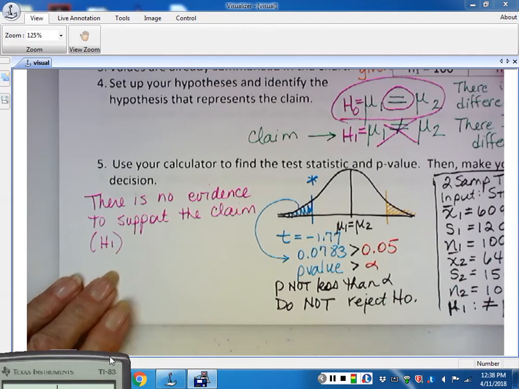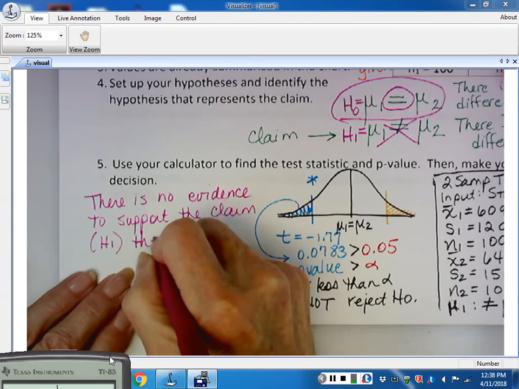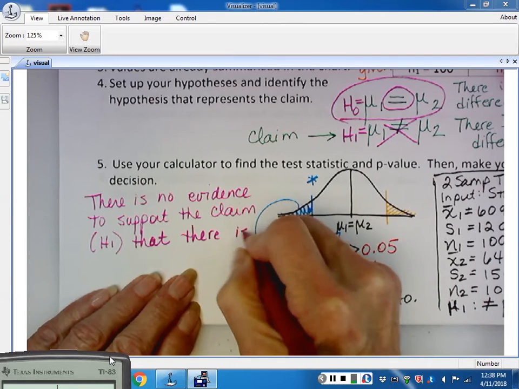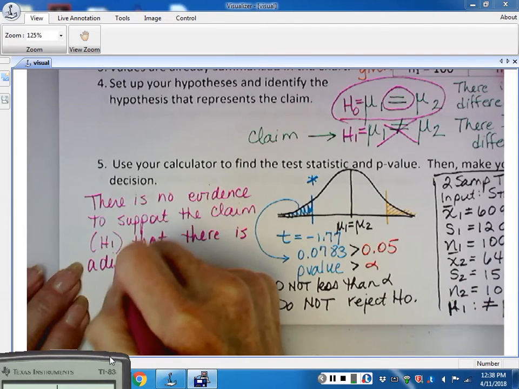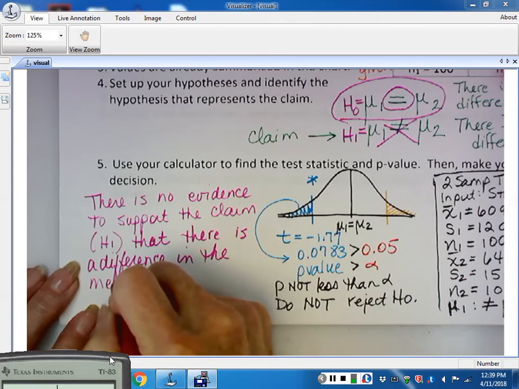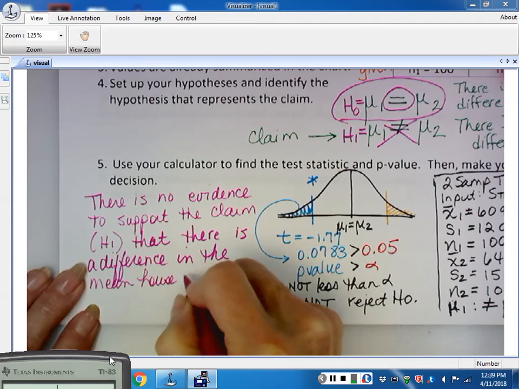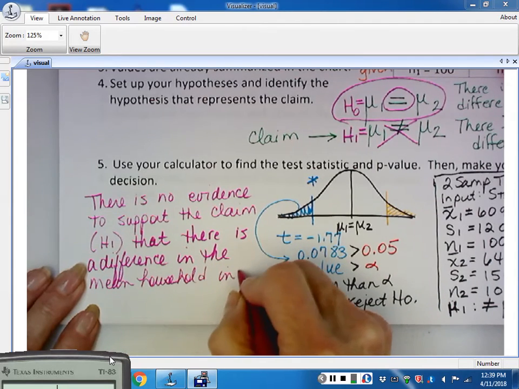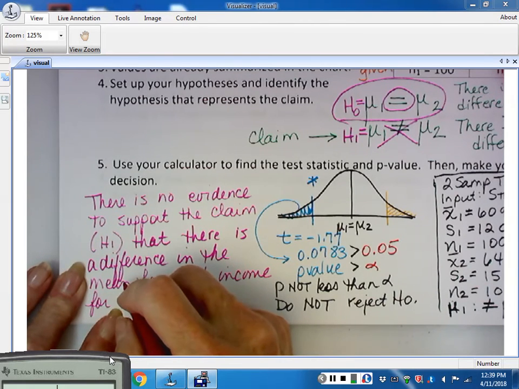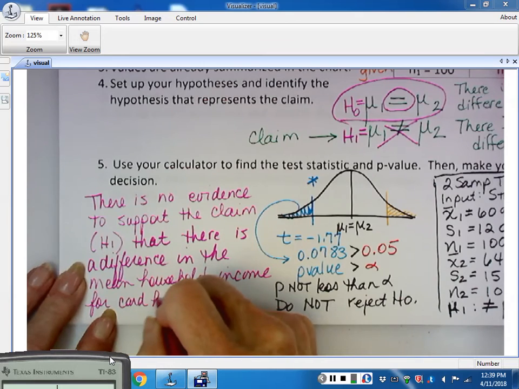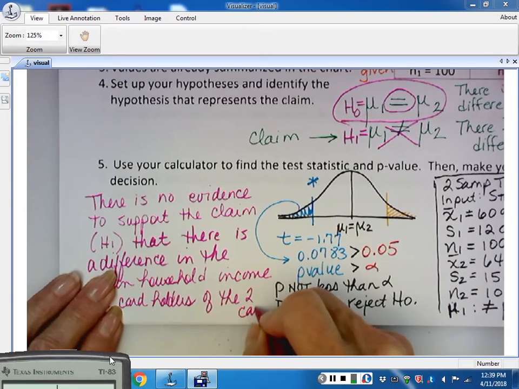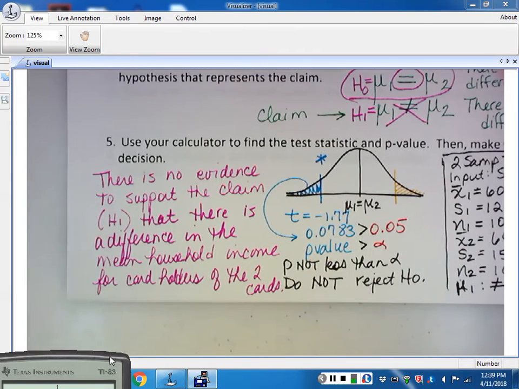There is no evidence to support the claim that there is a difference in the mean household income for cardholders of the two cards. We basically just answered the question.